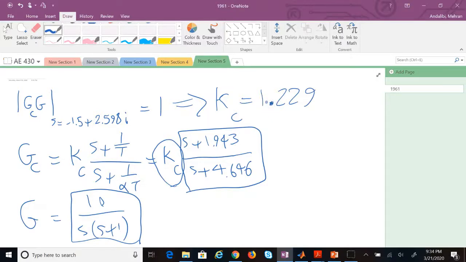So that is your lead compensator: 1.229 times S plus 1.943 divided by S plus 4.646. You see it has a zero and a pole, and the pole is further away from the imaginary axis. Now you might say, okay, I have done all of that, right? What were the desired things that I had?